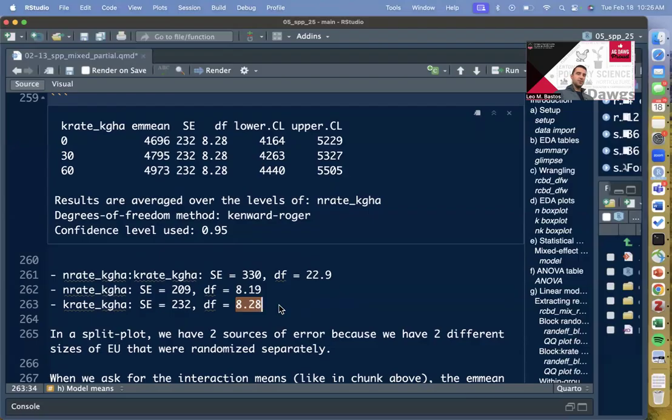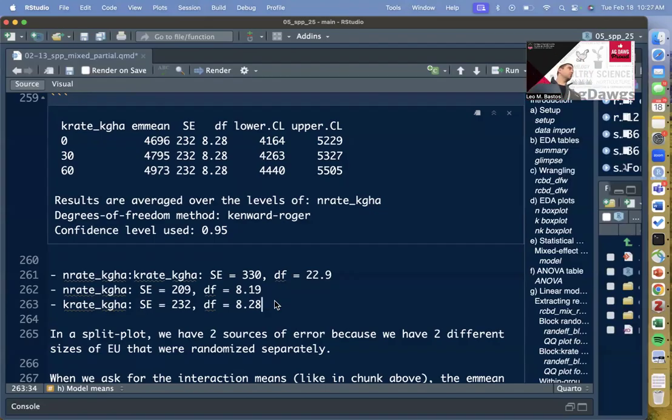Also, something that's kind of intriguing is you see this degree of freedom having a decimal point there. In lecture, we talked about a few different ways of estimating random effects. One is just the ANOVA, which is what we were using with LM, although LM only takes one variance component, which is the error itself. Then we have restricted maximum likelihood and maximum likelihood.